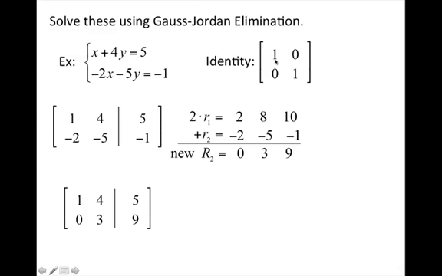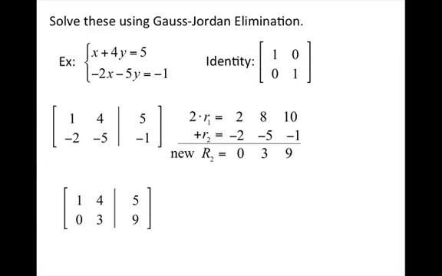Now if I look back to my identity matrix, I wanted column 1 to be a 1 and a 0, and that's what I've got, a 1 and a 0. Now I need column 2 to become a 0 and a 1 to match my identity matrix. You always get your 1 first. I want this 3 to become a 1. Well, I don't have a 1 above it or below it to switch the rows like I did in my example. So the other way to get a 1 is to divide.